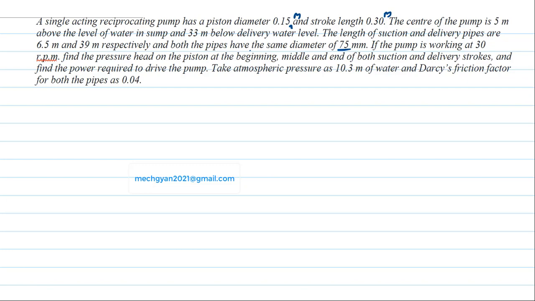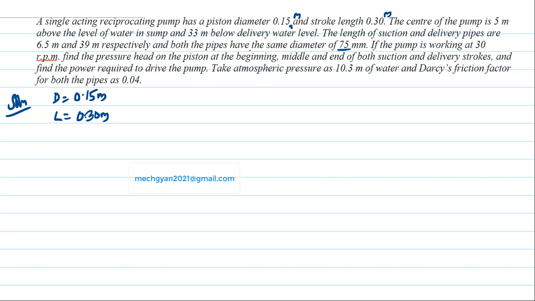So let's see. First of all, let's write down what all are given. A piston diameter 0.15 meter, and the length is given as 0.30 meter.